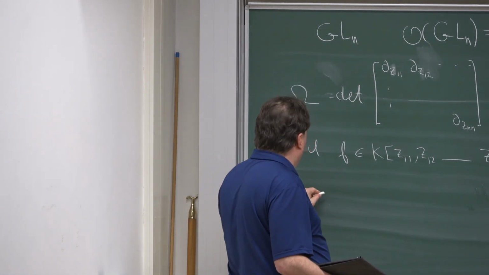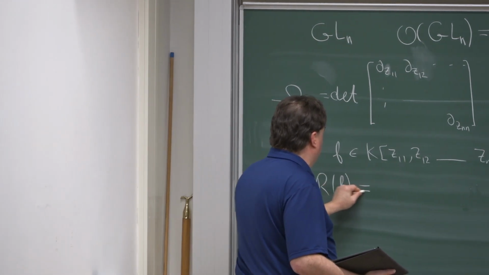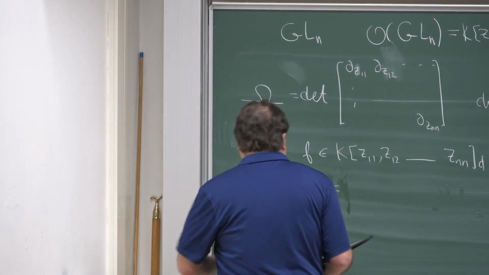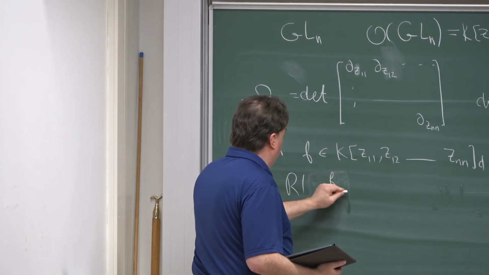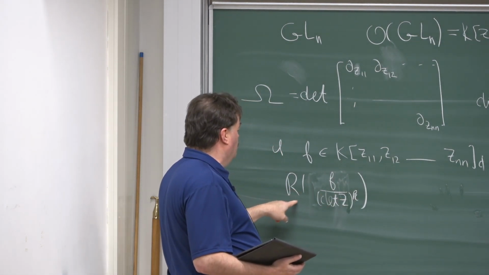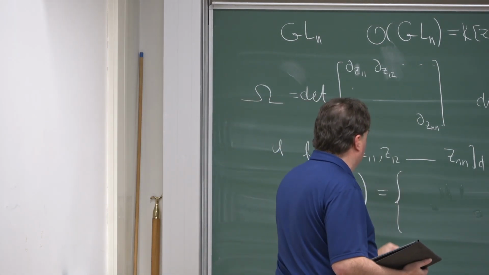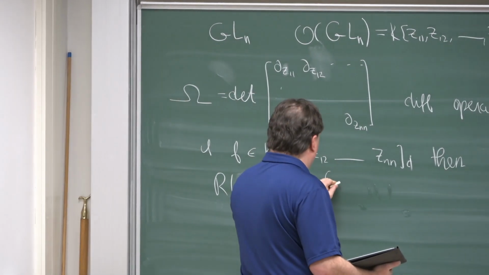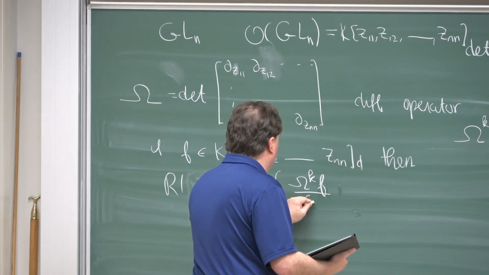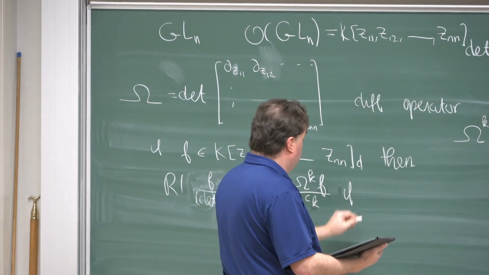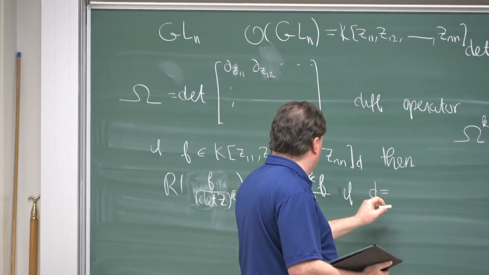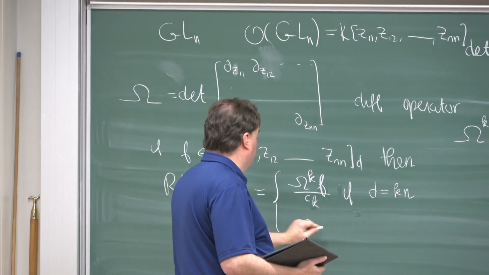Now we can define this Reynolds operator. It turns out to be as follows. If I take f divided by the determinant of z to the power k, then the Reynolds operator applied to this is equal to omega to the power k of f divided by this constant c_k, if f is homogeneous of degree d with d equal to k times n, and 0 otherwise.